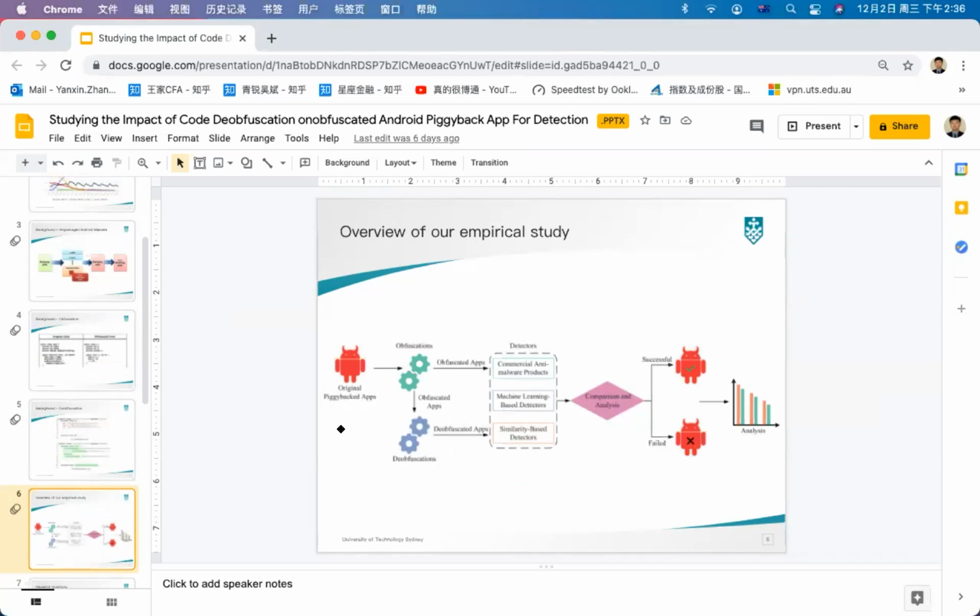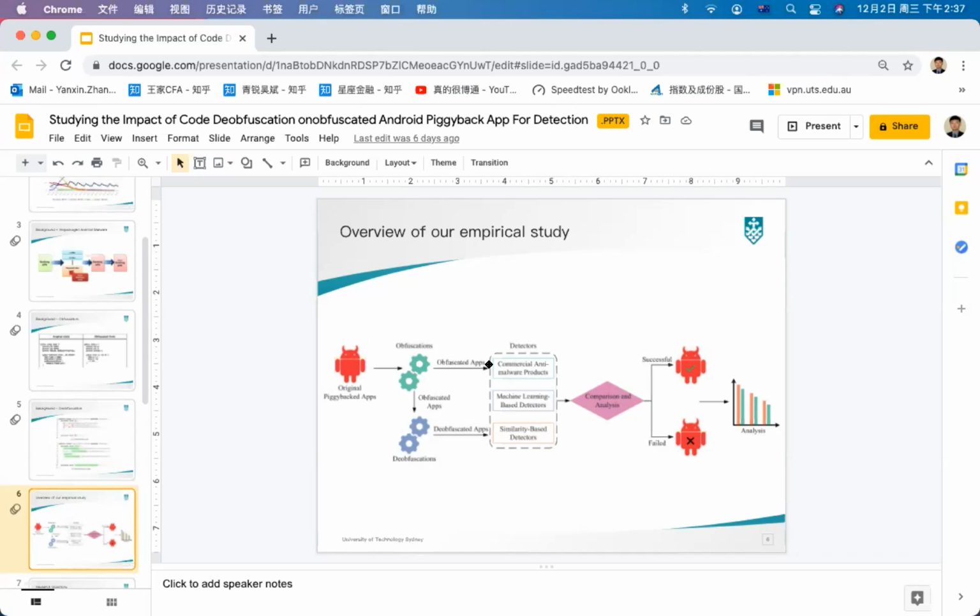What we do is that we first have the original Android malware apps, piggybacked apps. The original means the Android malware without obfuscation. The next step is that we obfuscate them using obfuscation tools, so we get the obfuscated apps.